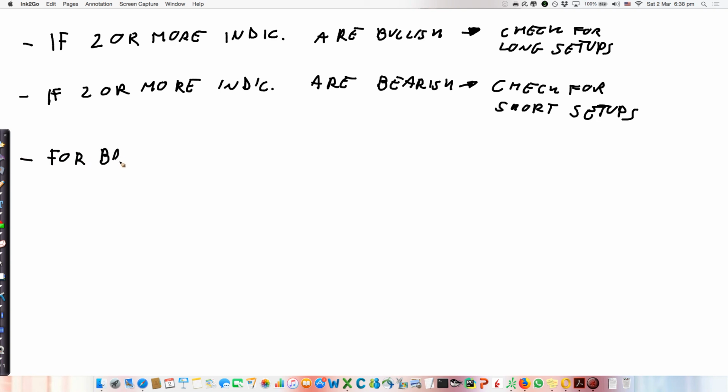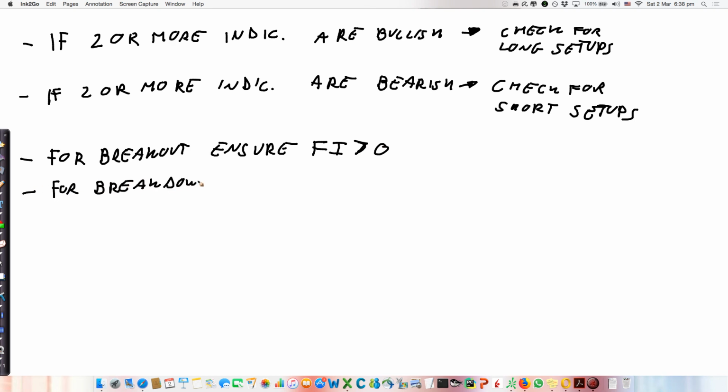So for breakout, the same rule applies, but we also want the force index positive, and for breakdown we want the force index negative. So this is an additional condition for breakout and breakdown.